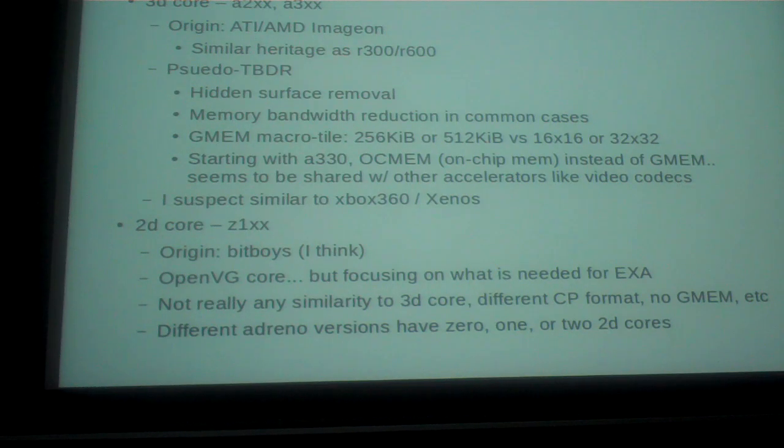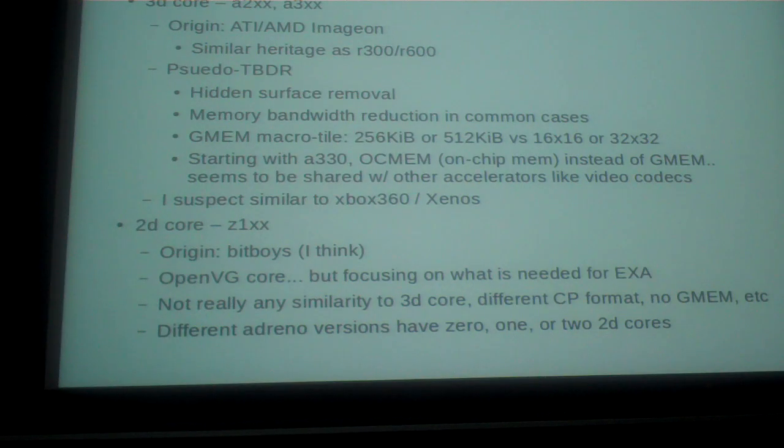I mean, it has the same level of similarity to R600 that R300 is. It's a tile-based renderer, but the management of rendering within a tile works much like an immediate mode renderer, and the management of the tiling is all done in the driver, not really in hardware so much.